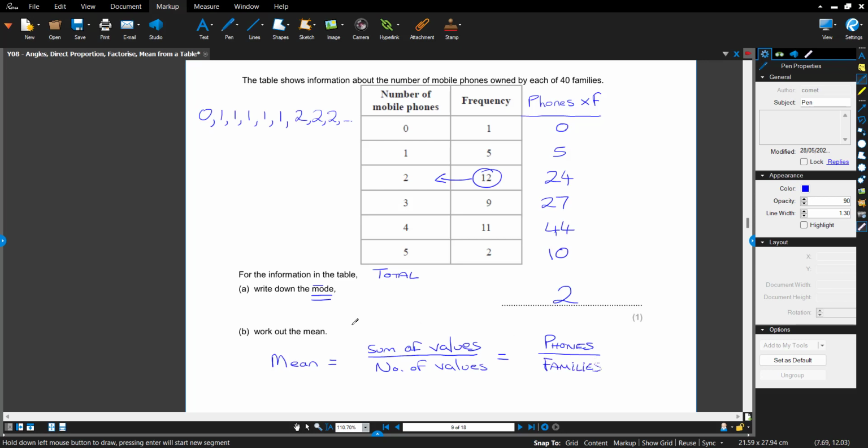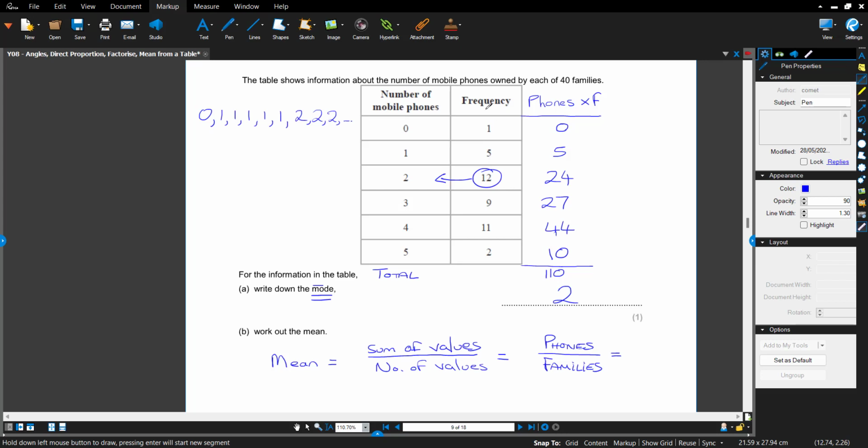So we need to find out the mean number of phones per family. So here we go. The actual number of phones is going to be 0 plus 5, which is 5, plus 24, which is 29, plus 27, which is 56, plus 44, which is 100, plus 10, which is 110. So there's a total of 110 phones.